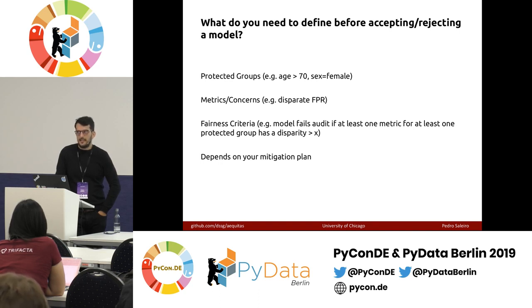Usually it's based on race, ethnicity, nationality, religion, veteran status, sexual orientation, age. But you might define a different type of attributes you care about for your situation. And you need to define what metrics concerns you care about.